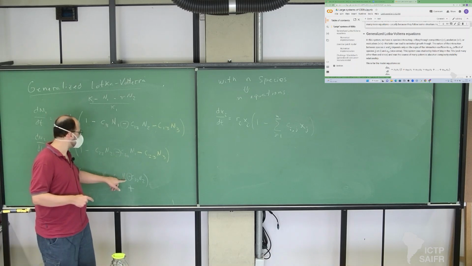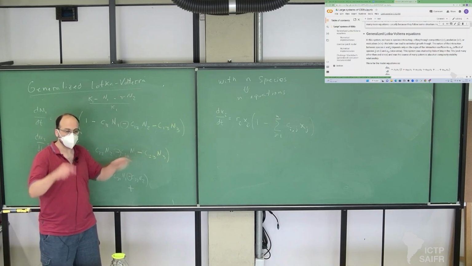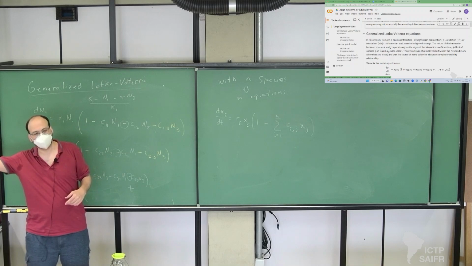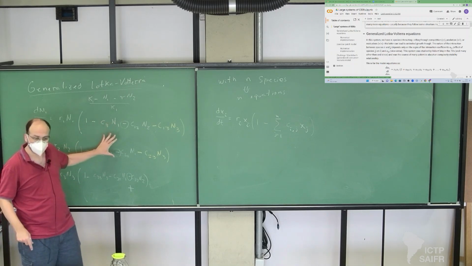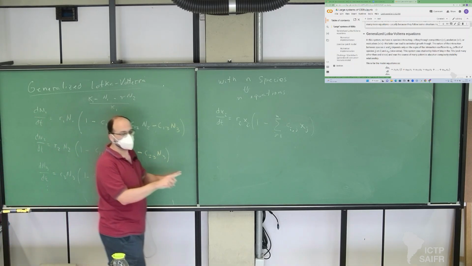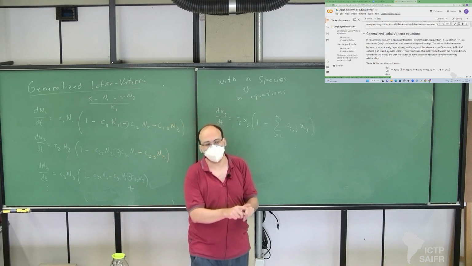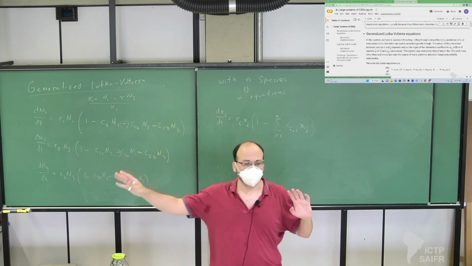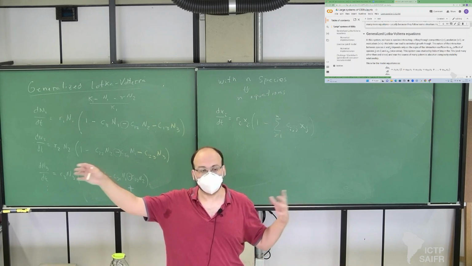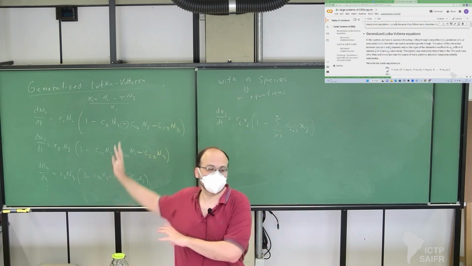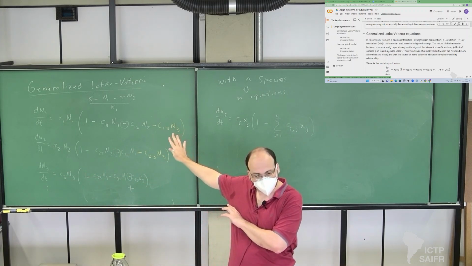So this coefficient is going to be reduced due to the presence of the other. This is not considered here. I only have pairwise interactions, and I'm assuming that all of them are independent of the other species, so this kind of thing is not counted here, okay?